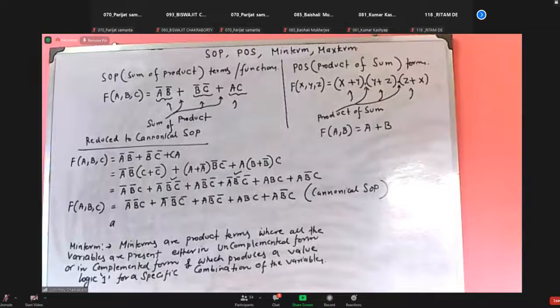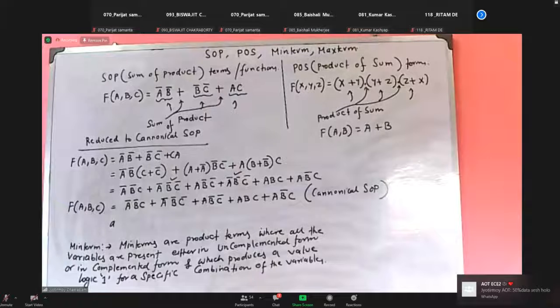So minterms are product terms where all the variables are present either in complemented or in uncomplemented form, and which produces a value logic 1 for a specific combination of the variables. ঠিক আছে?